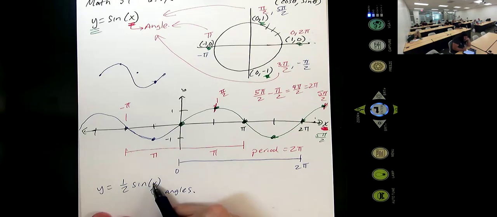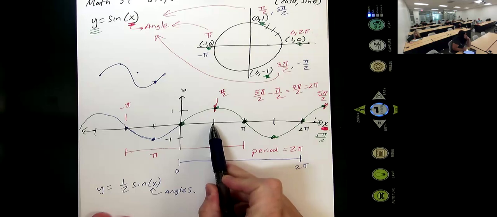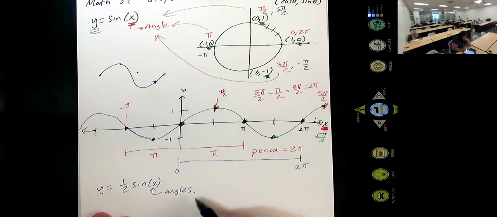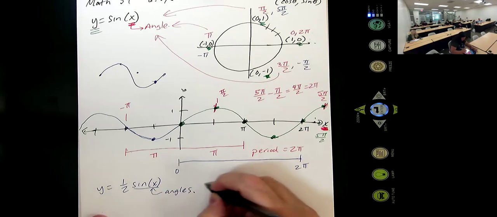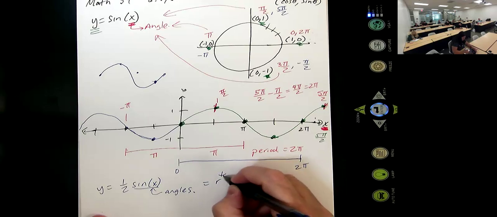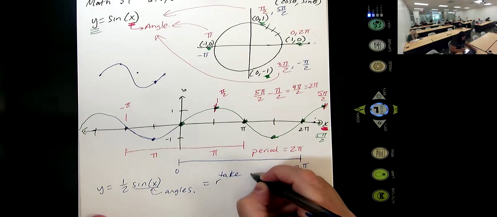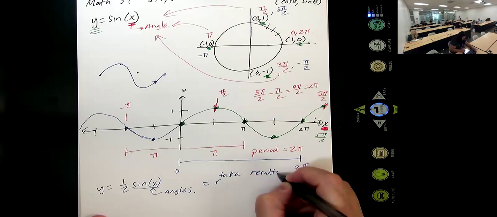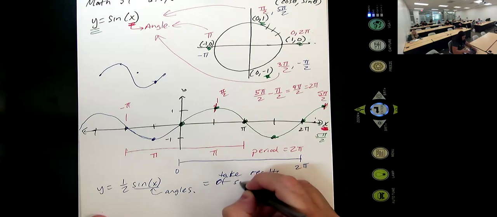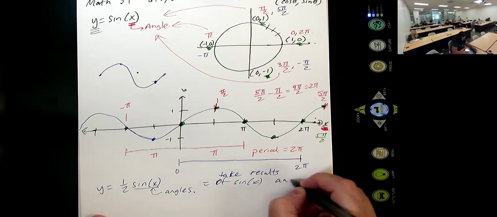The sine values where these peaks and troughs occur is not changing. What is changing is we've got to take the resulting value, take the results of sine, and multiply by 1/2.